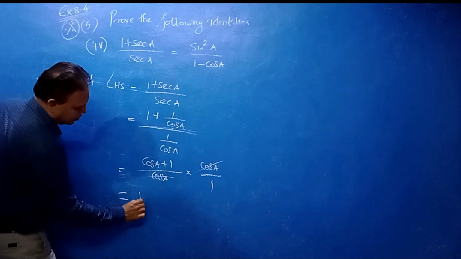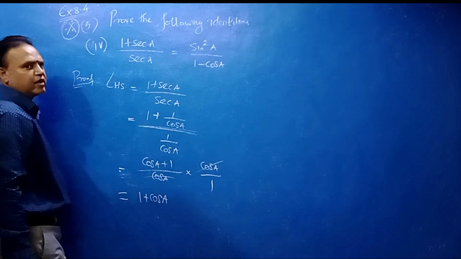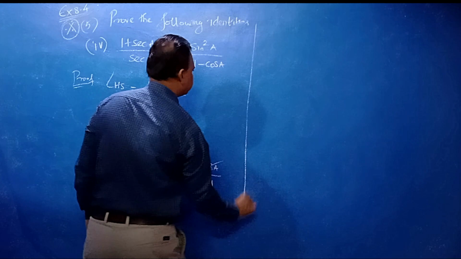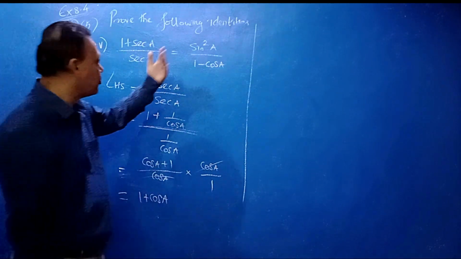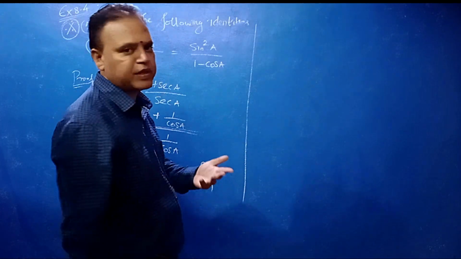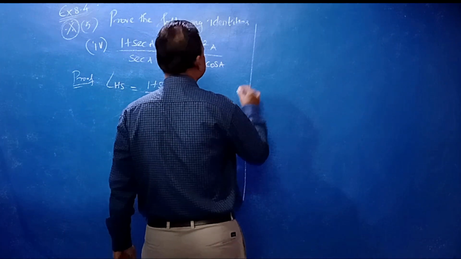So this can be written as 1 plus cos A, by 1 is the same thing. Now take the right hand side, because the left hand side simplified to 1 plus cos A. Sometimes you take the right hand side separately, and you see what you are getting. If you get the same thing, no problem. Left hand side equal to right side.